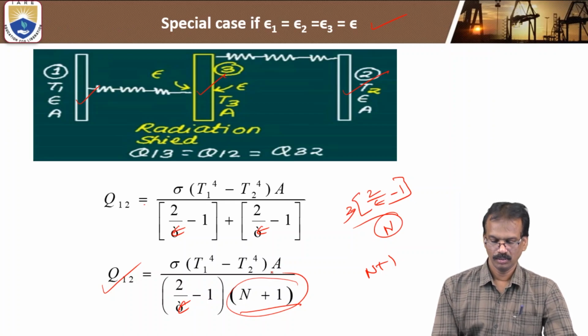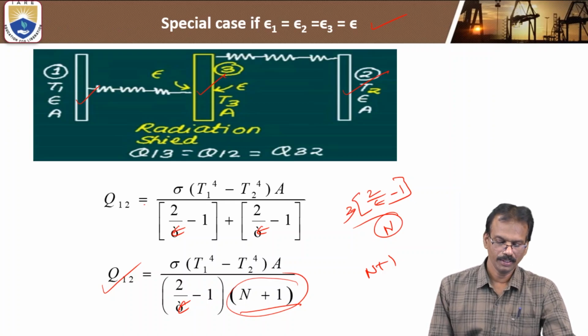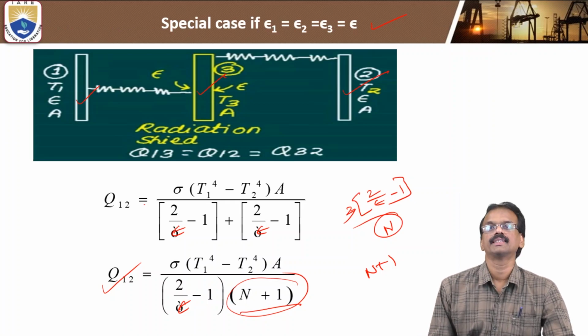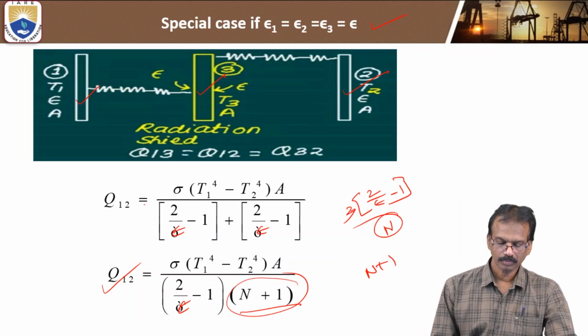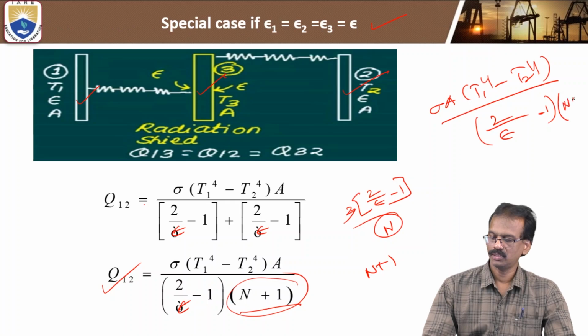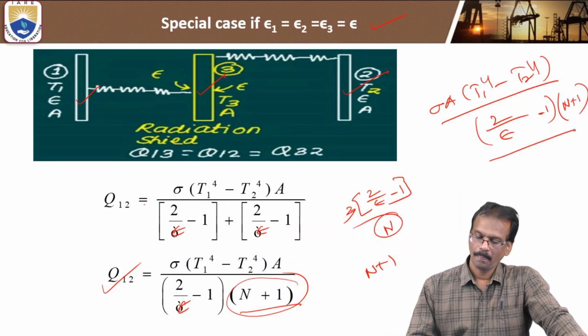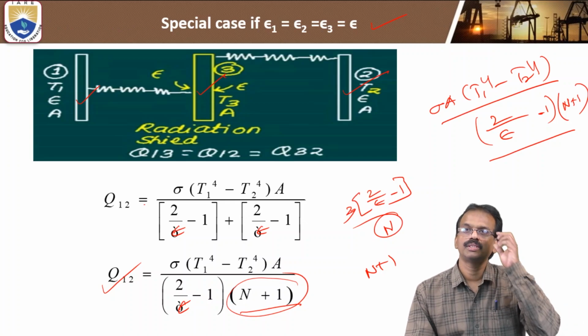In all conditions, all plates have the same areas and similar emissivity. So finally, sigma A, T1 to the power of 4 minus T2 to the power of 4, divided by 2 by epsilon minus 1 into n plus 1. So this is the formula, where n is the number of shields.